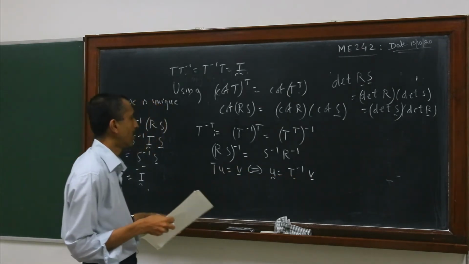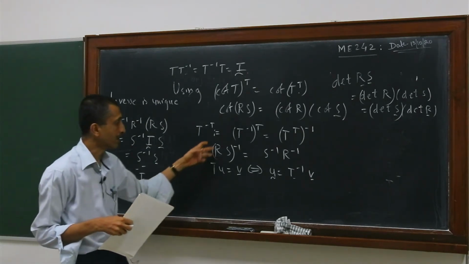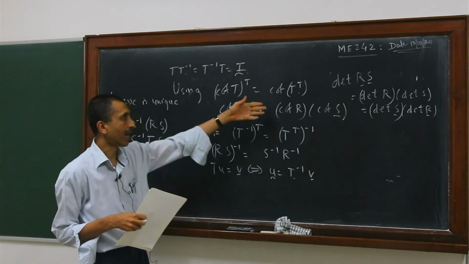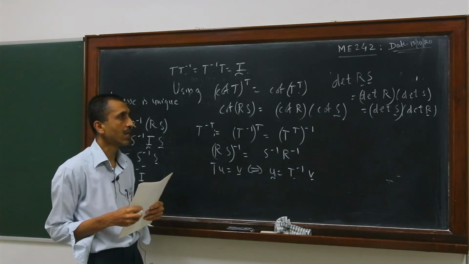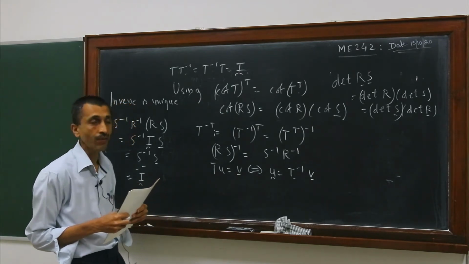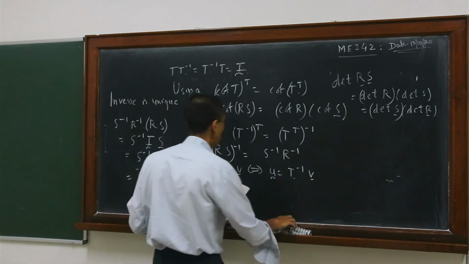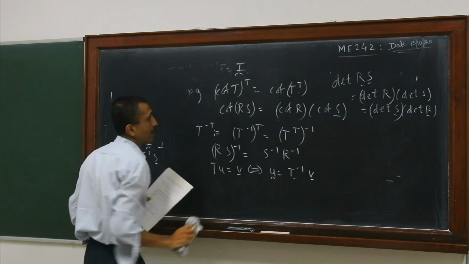So these two statements are equivalent. Of course, in all these cases we are assuming that the inverse exists, and we have given the necessary and sufficient condition for the inverse to exist, which is that the determinant of T should not be equal to 0.